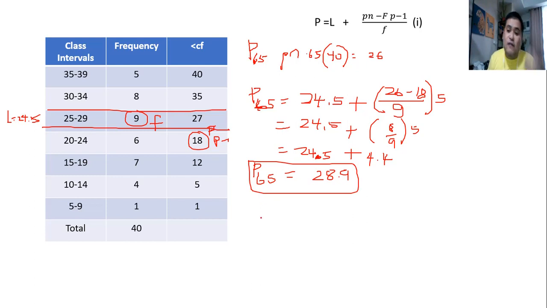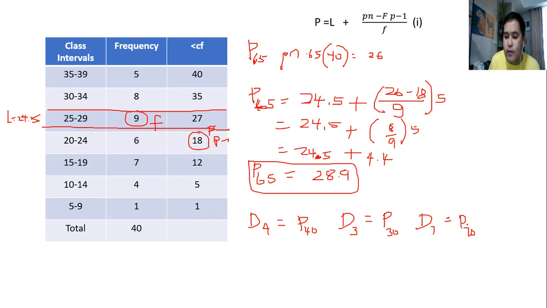If you have questions, say for example, what about D4? D4 is equivalent to P40. So compute for P40. What about D3? Decile 3 is equal to P30. So compute for P30. What about D7? D7 is equivalent to P70.